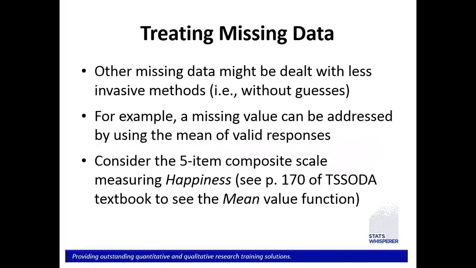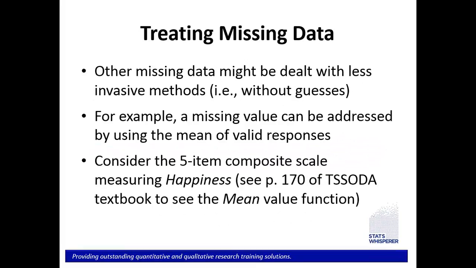So other missing data might be dealt with less invasive methods, as in without guessing. For example, a missing value can be addressed by using the mean of valid responses. So that's not imputing the mean. It's the mean of valid values. You'll see on the 5-item happiness scale on page 170 of the textbook, this is illustrated.